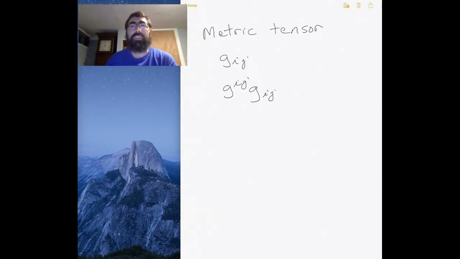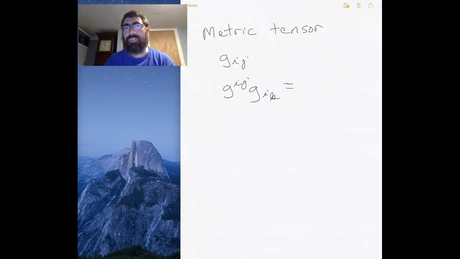Just to remind you, the metric tensor is written as G^ij, and it has the property that if I take the metric tensor that is contravariant, so the indices are raised, and then multiply that by the metric tensor where the indices are lowered, or covariant, G_ik, then we perform a contraction, or a multiplication of the terms with the i.